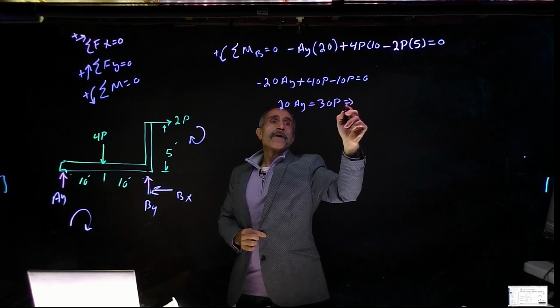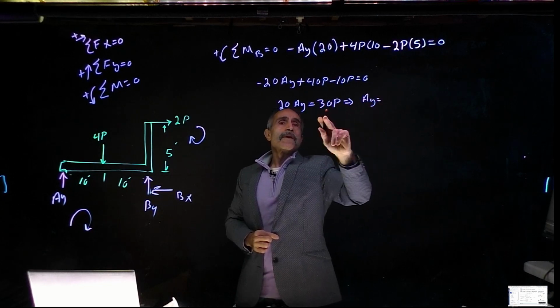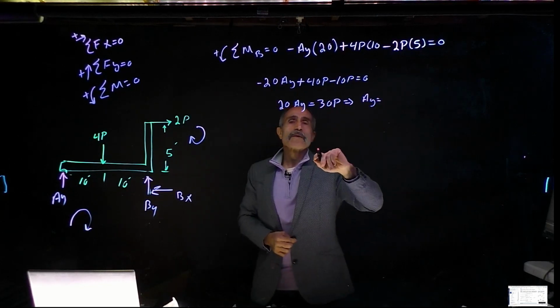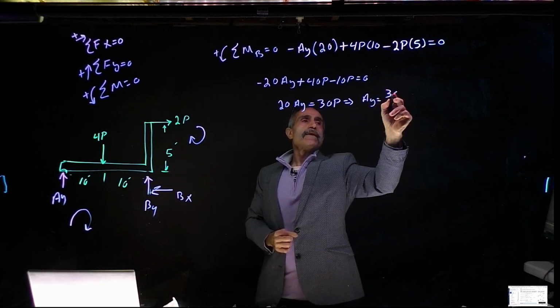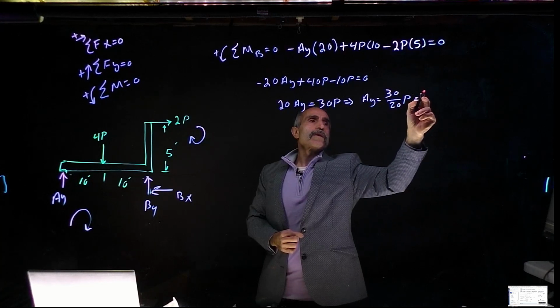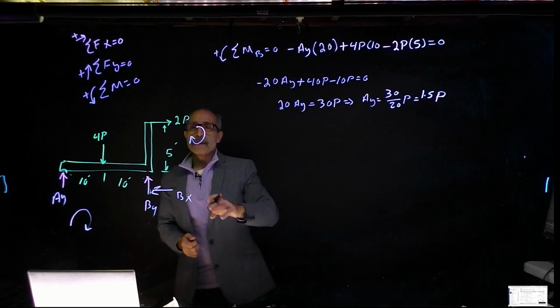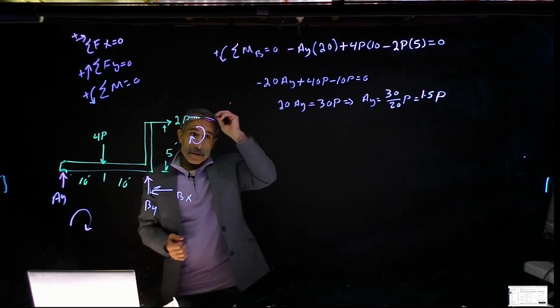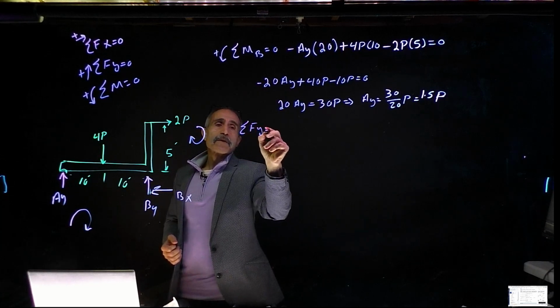And therefore, AY is equal to 30 divided by 20, no, the other way around. Yeah, right, 30p divided by 20, which equals 1.5p. So the next thing I'm going to do, I'm just going to do summation F of Y, summation F of X. So I'm going to have summation F of Y is equal to 0.